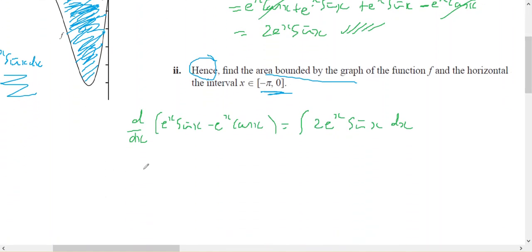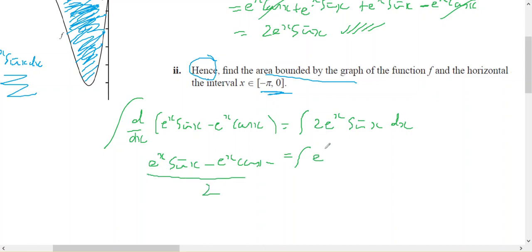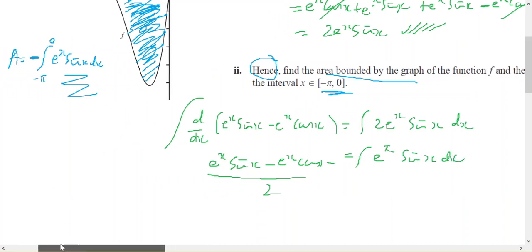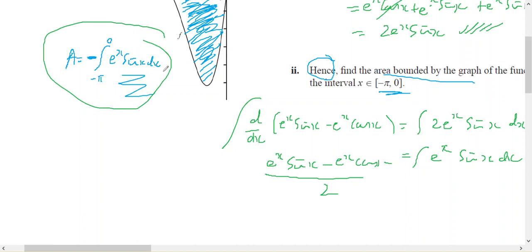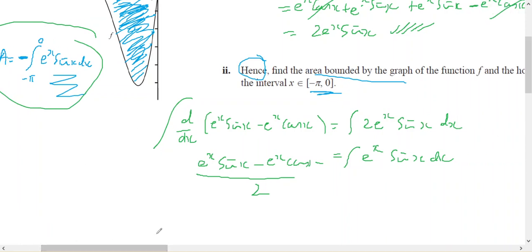So I know that e to the x sine of x minus e to the x cos of x equals that integral. But I don't want a 2 there, so if I divide all that by 2, then that's what the integral of e to the x sine of x dx is, which is exactly what I'm looking for. If I was to put a negative, then I could put a negative out the front.